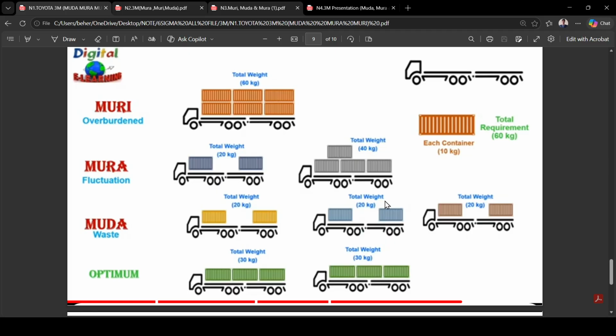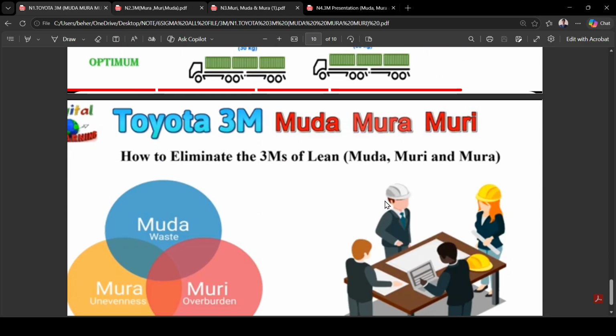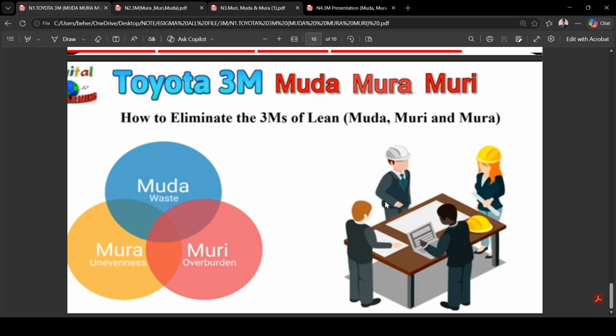Then another one is Muda, which means waste: if you do it in three trucks, 20 kg, 20 kg, 20 kg, that is also waste. To optimize, two trucks are required: the first truck 30 kg, another truck 30 kg. Both together are 60 kg, and that we will manage.